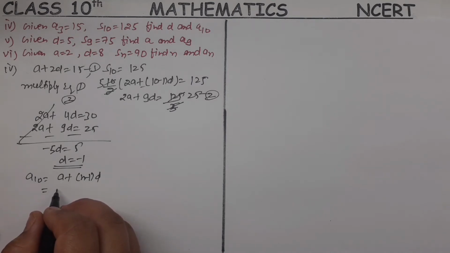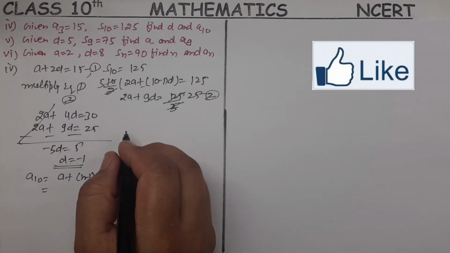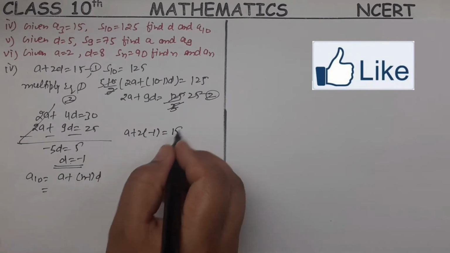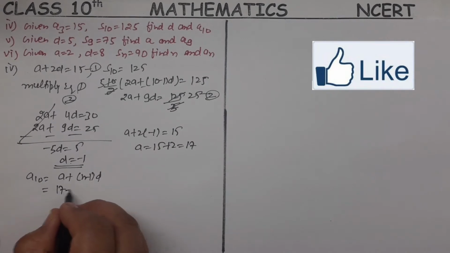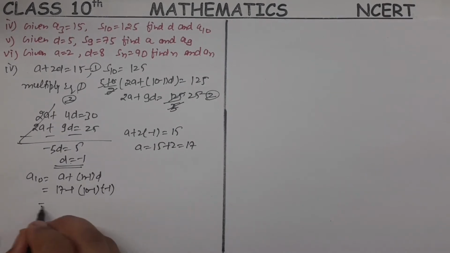First we will find a from here. Put this d in equation number 1. Then a is 17. 17 plus (10 minus 1) into minus 1. 9 1s are 9. And the answer is 8.